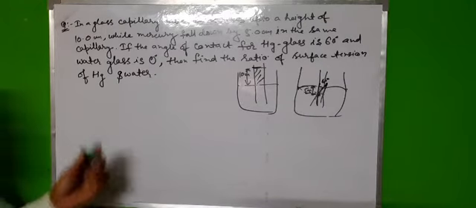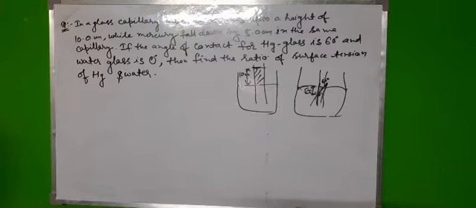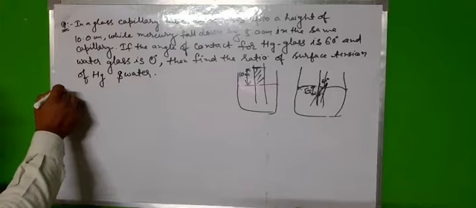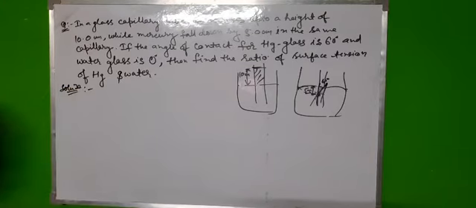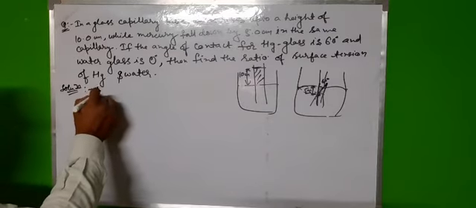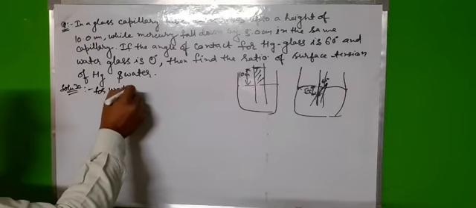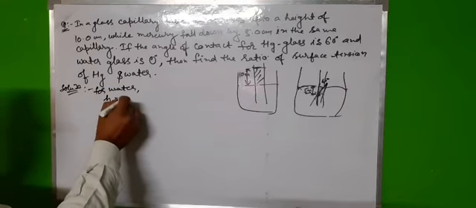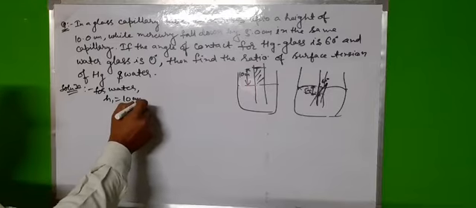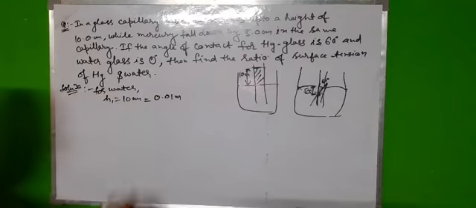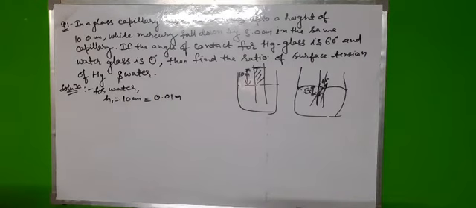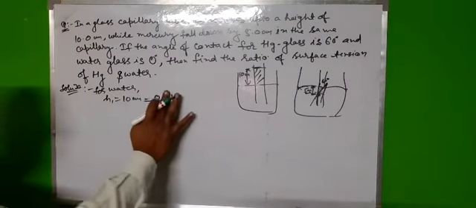We have to find out, very simple. We have to use the formula for capillary rise. So write the given things. For water, H1 is equal to 10 centimeter, and on converting it, it will be 0.1 meter.